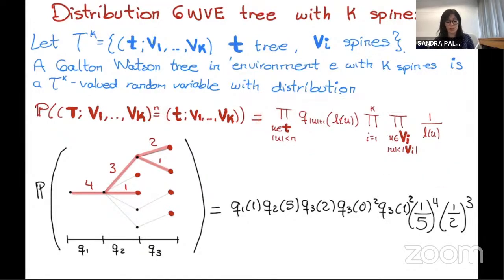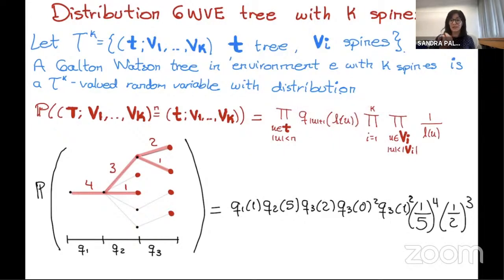In this product, the first part has everything to do with how I select the tree, right? So I need that every individual U in my tree have exactly L of U children. And remember that the offspring distribution depends on the generation. That is why we have Q of the length of U plus 1. So this part is how I select the tree.